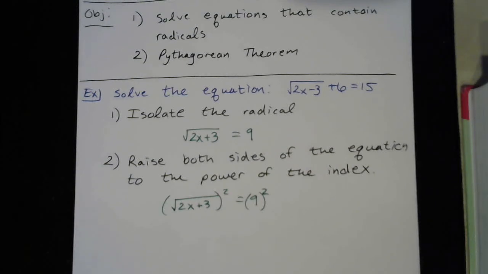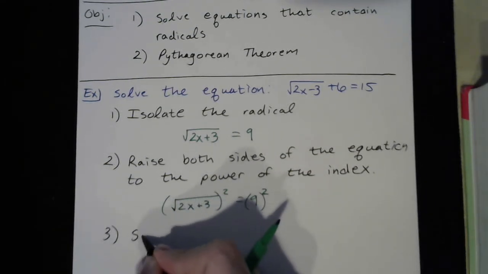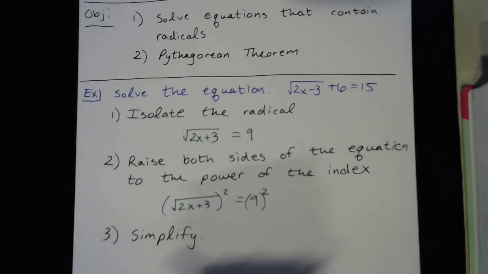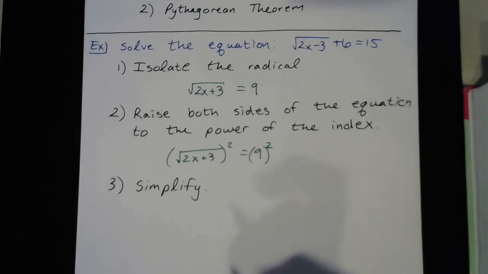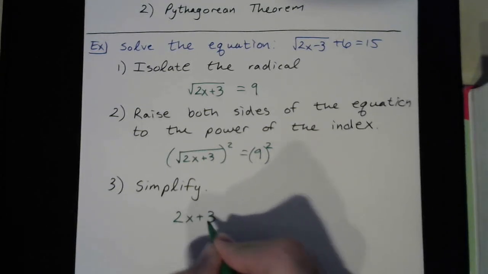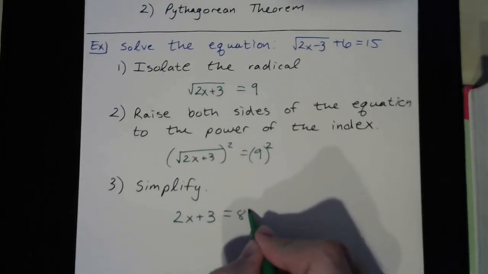Well, that leads us into step 3, which is simplify. We're going to have 2x plus 3 on this side, because our square root and square power cancel, and this is going to equal 81.